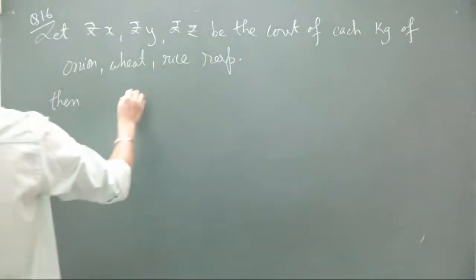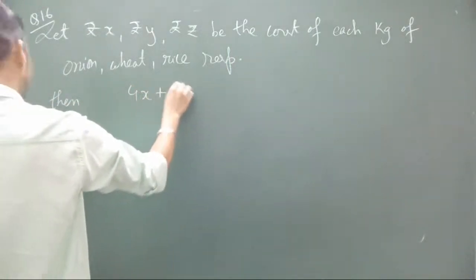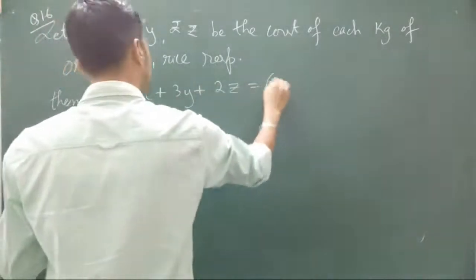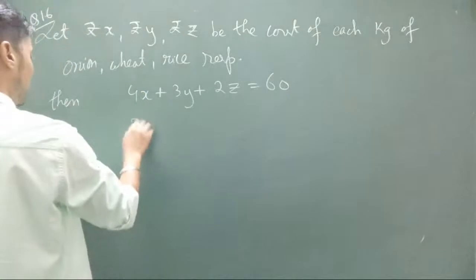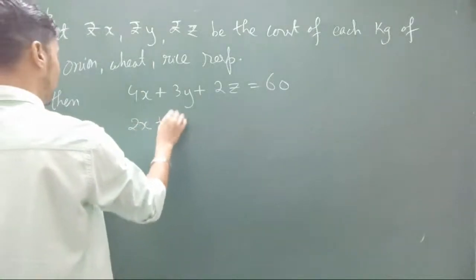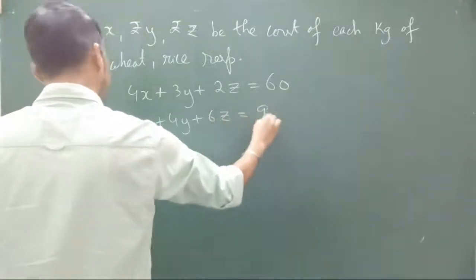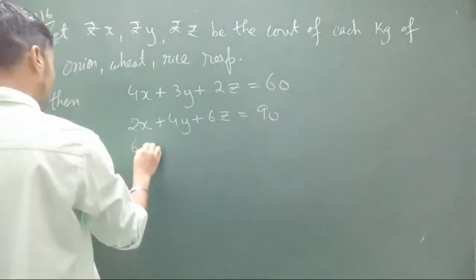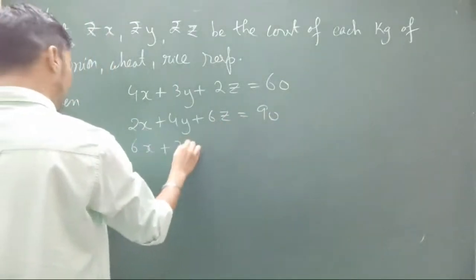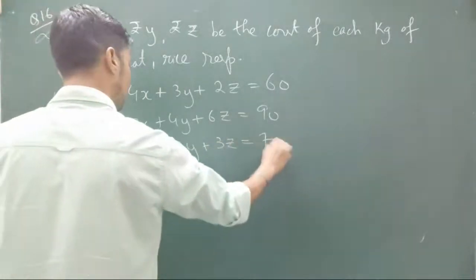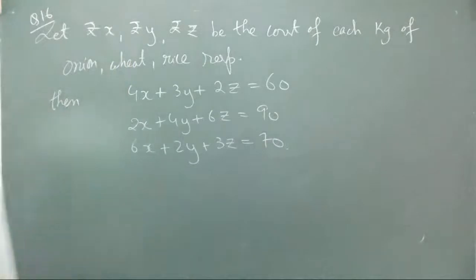Then, as per the first case, 4 kg onion, 3 kg wheat, 2 kg rice, 60. Next, 2 kg onion, 4 kg wheat, 6 kg rice, 90. 6 kg onion, 2 kg wheat, 3 kg rice, 70. So we'll have to solve this by the matrix method.